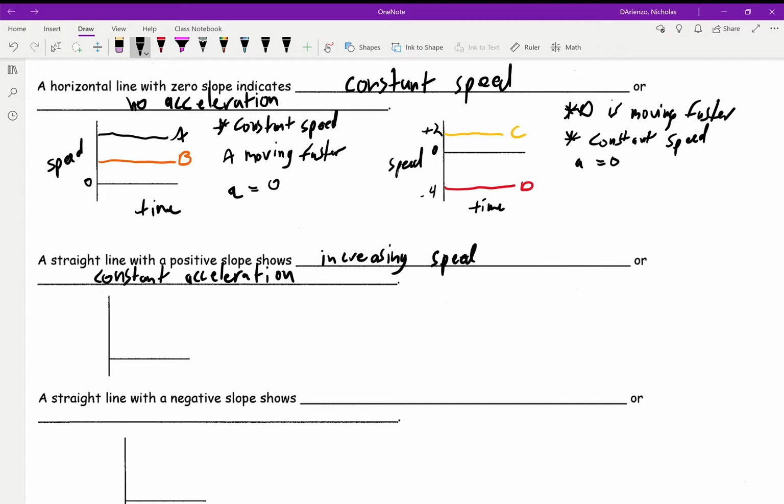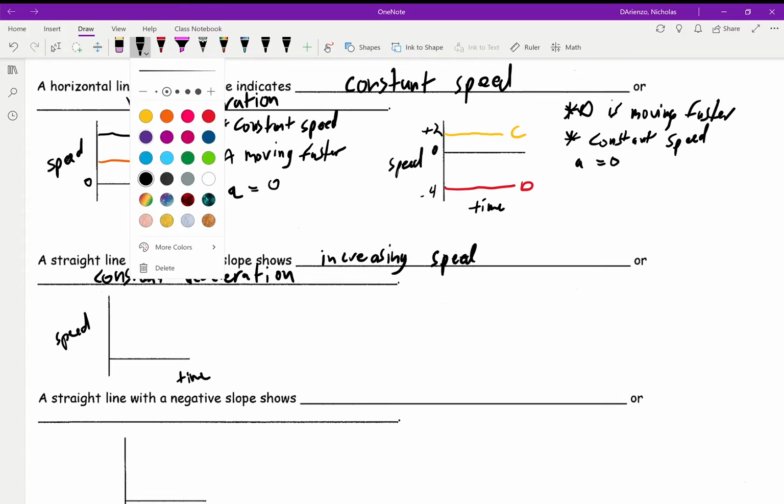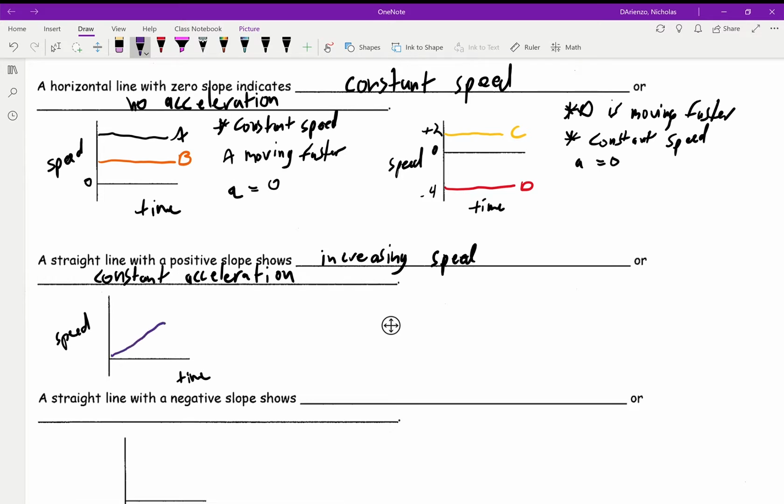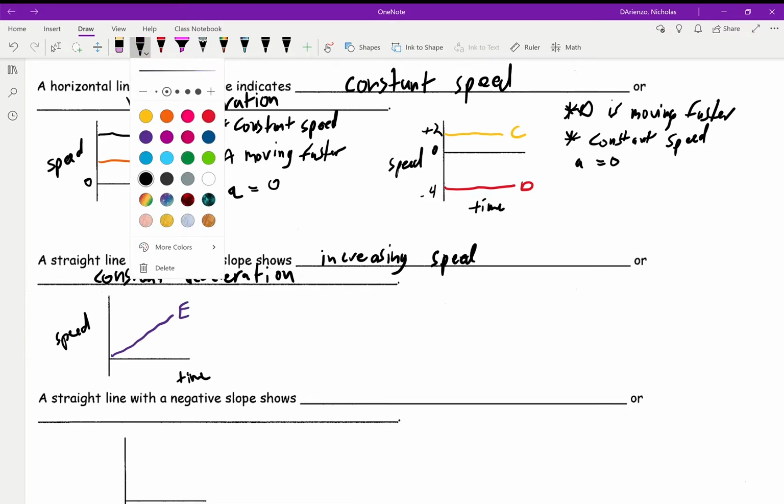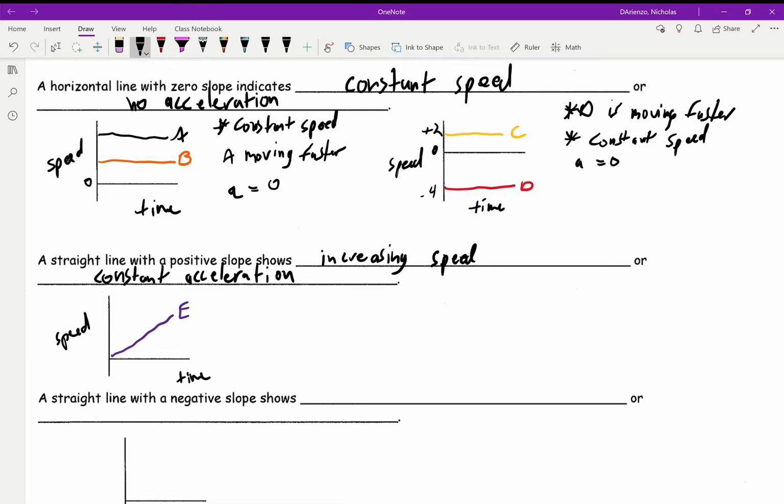Again, we'll consider time on our x, speed on our y, and we'll graph this as object E. This is a steadily increasing slope, so acceleration must be uniform.